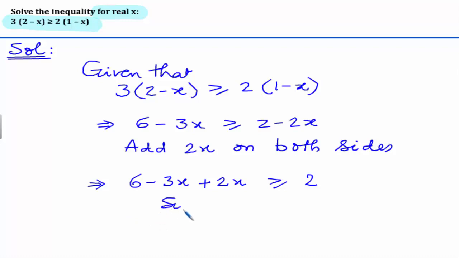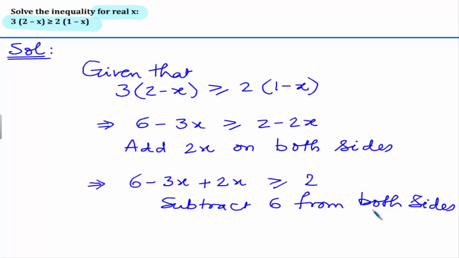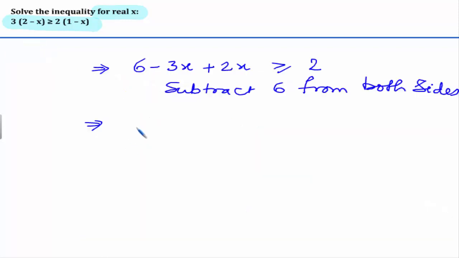Now let us subtract 6 from both sides. We get here, this is minus 3x plus 2x is minus x greater than or equal to 2 minus 6, which will give us minus x greater than or equal to minus 4.